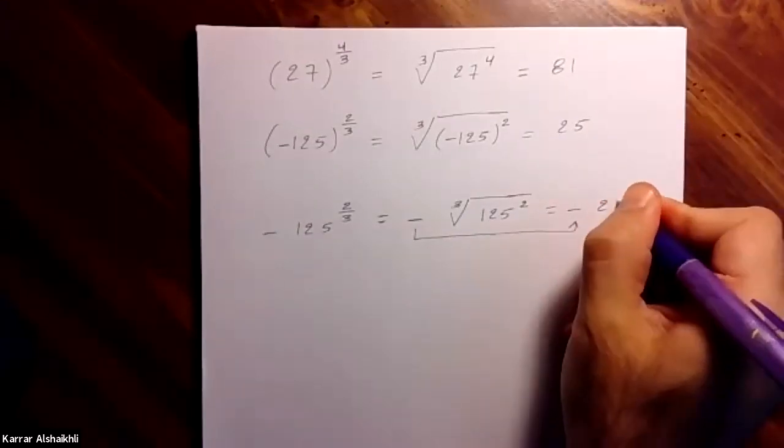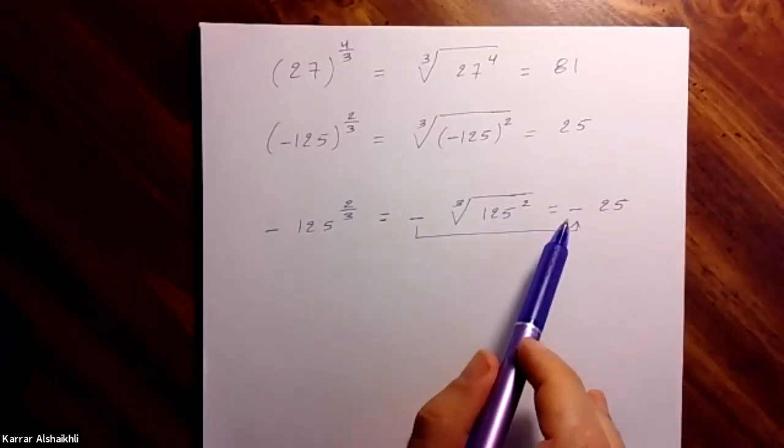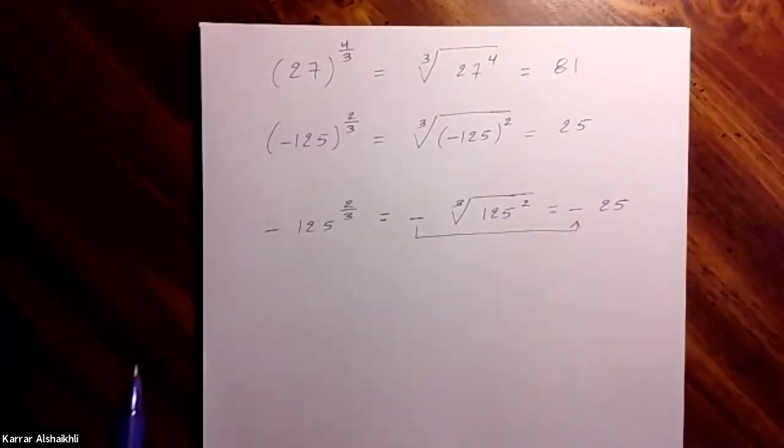But check the difference, because there is a negative sign outside, so the result is going to be negative 25. Okay.